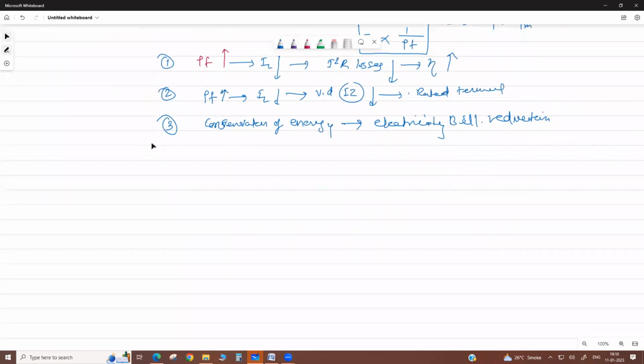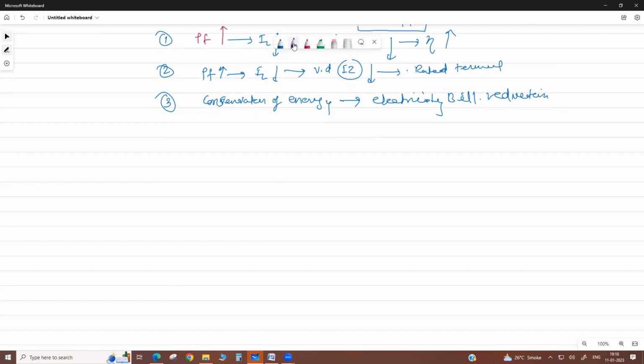Now, how do we do power factor correction? Suppose in your electrical system, alternator, bus bar or whatever, you generally have a 3-phase supply.